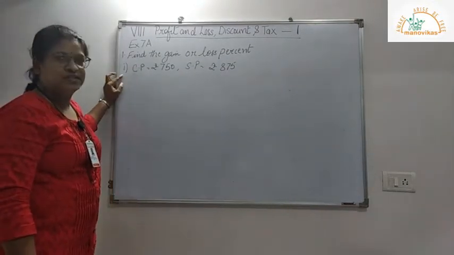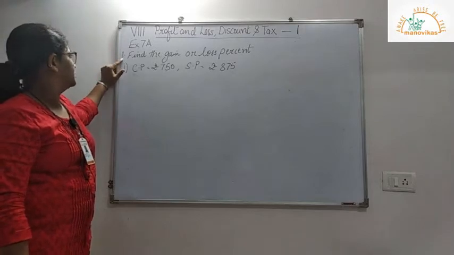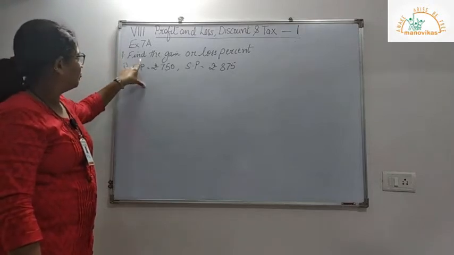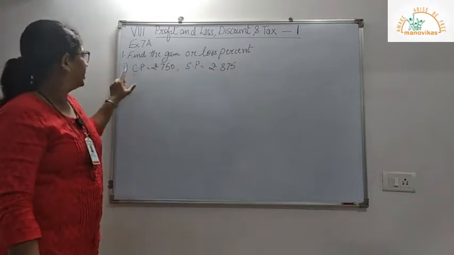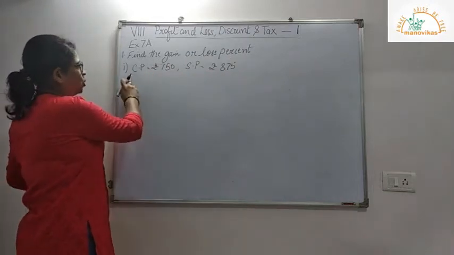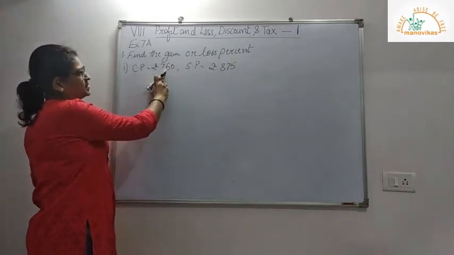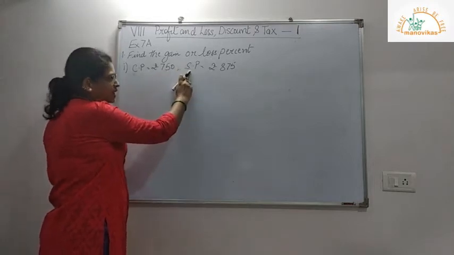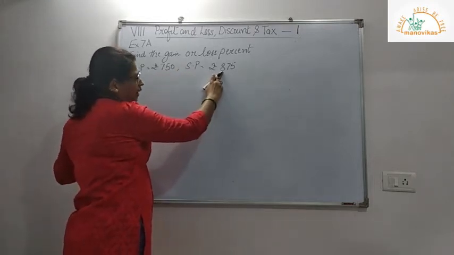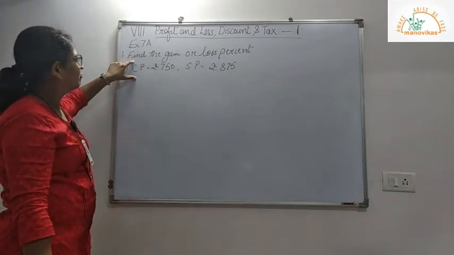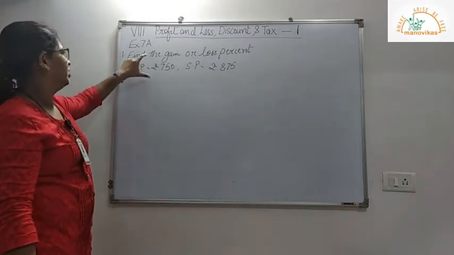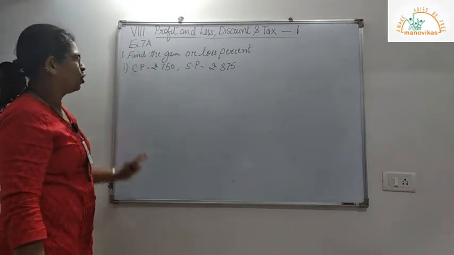Now we move on to exercise 7a, sub question 1: find the gain or loss percent. I take the first sum, that is the cost price is equal to rupees 750 and the selling price is equal to rupees 875. In this we have to find out whether we have got a gain or a loss.